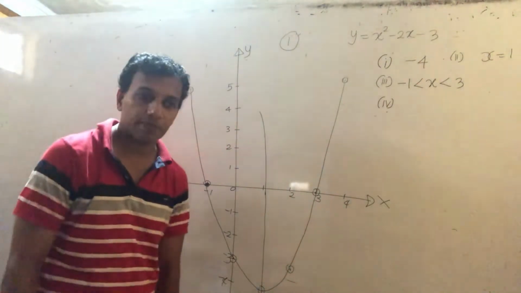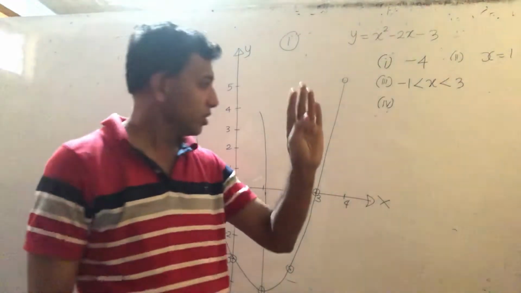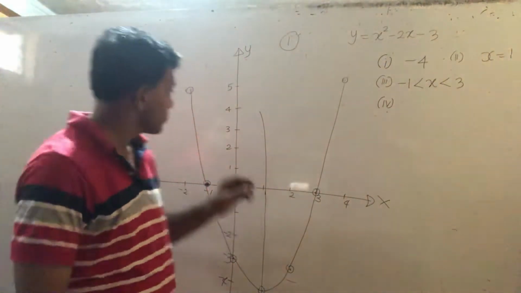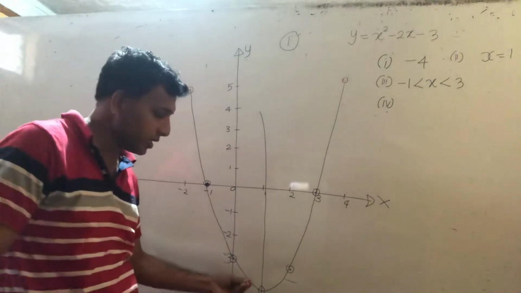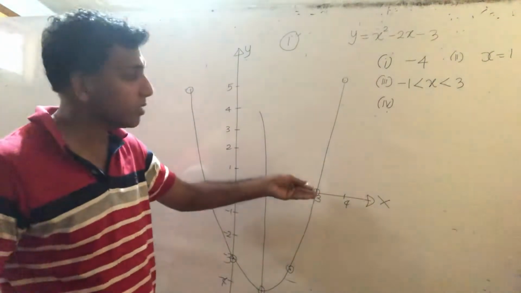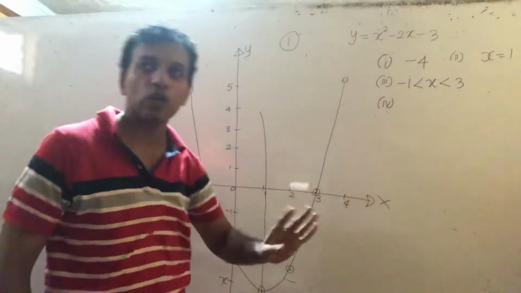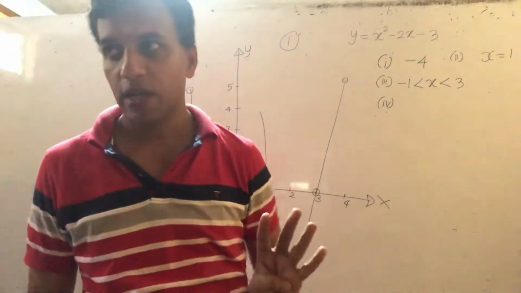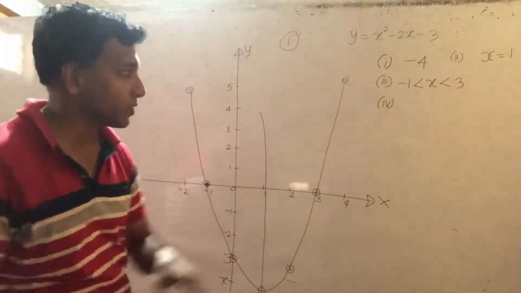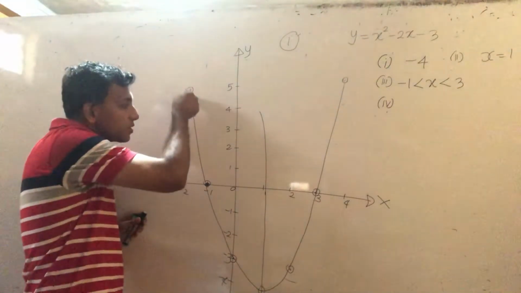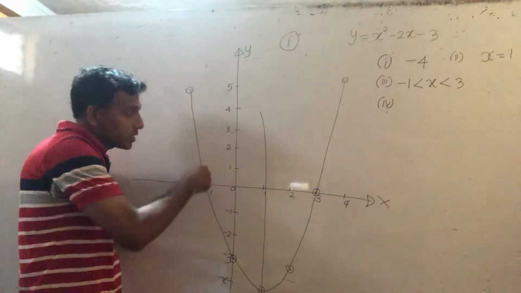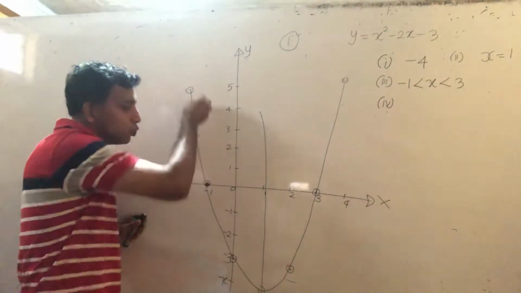Negatively decreasing. If you refer to the first video, I showed there are positively decreasing, negatively decreasing, negatively increasing, positively increasing. Every curve has 4 ranges available. So here, negatively decreasing. Here it decreases: plus 5, 4, 3, 2.